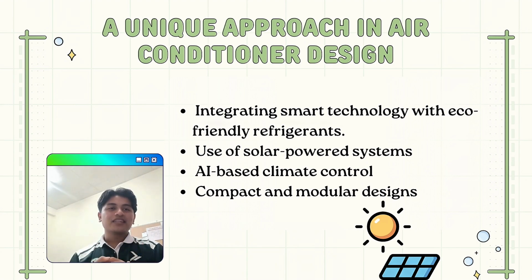In addition, the use of a solar power system contributes to lower electricity consumption, making it both cost-effective and sustainable in the long term. Moreover, the application of AI-based climate control allows the system to intelligently adjust temperature settings based on real-time data, user preference, and weather patterns, ensuring optimal comfort with minimal energy waste.